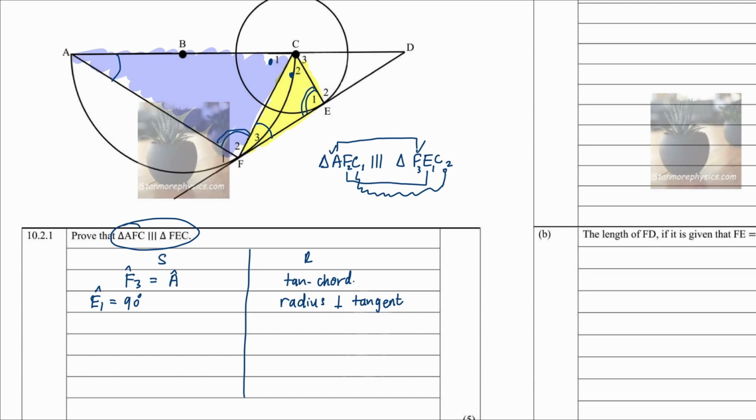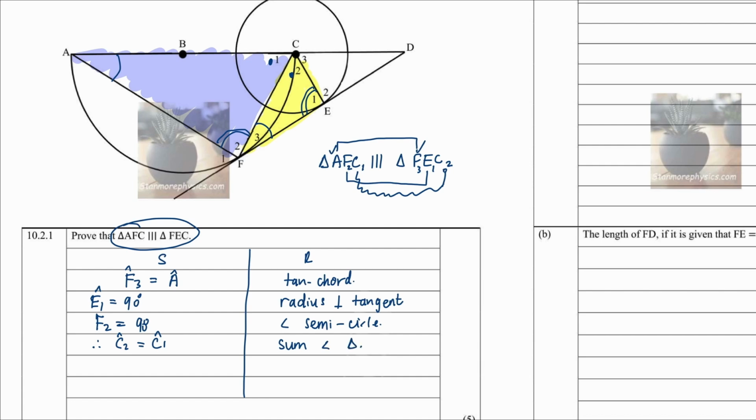So F2 is equal to 90 degrees, angles in a semicircle. And then that must mean that C1, or rather C2, is going to equal C1. And that's sum of angles in a triangle.